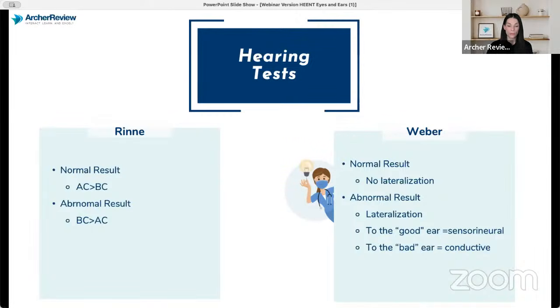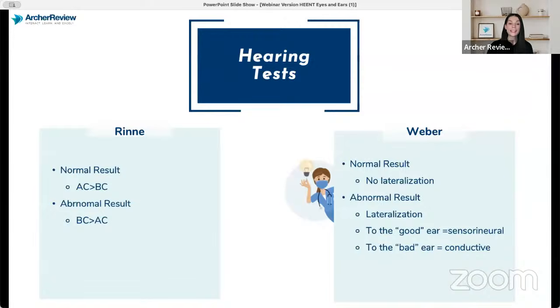An abnormal result is if they say, it sounds louder in one ear. So that would be abnormal. And if it's lateralizing to the good ear, so the ear they're saying they have no trouble hearing in, we're suspicious of sensory neural hearing loss.